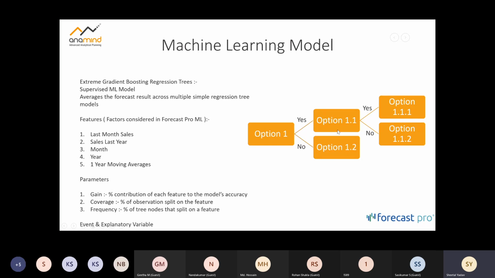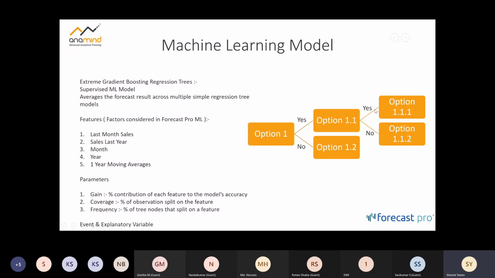But if it moves to the next option, then it would look at, okay, was my actual sales last month so much? Was it greater than or was it less than so much? Then if the answer is yes, it will move to the next step. And then similarly, it will keep on building these regression trees, till it realizes that it is no more leading to an increase in forecast accuracy. So there is an optimization technique within Forecast Pro, which automatically detects the optimum level of these branches and the tree depth that we have.